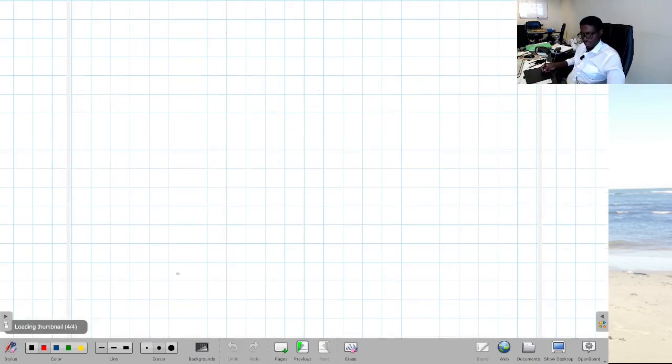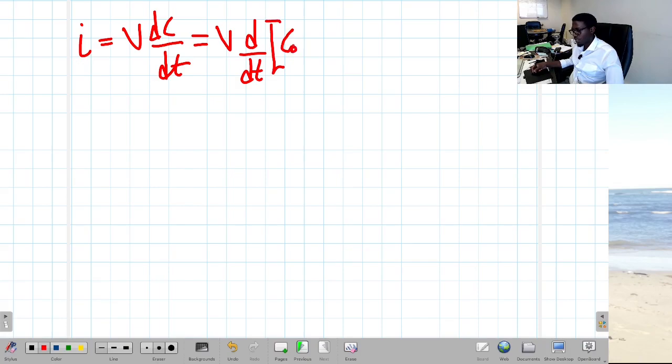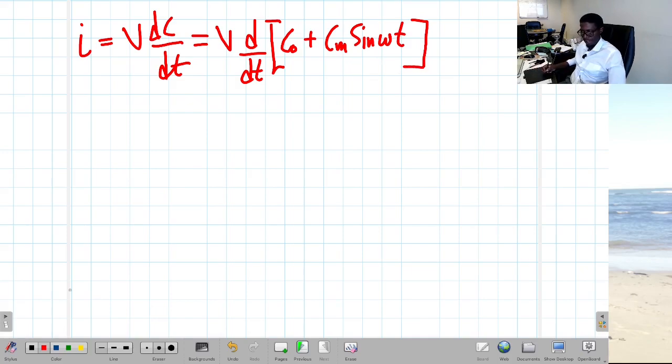Now, moving further, we are able to determine that the current I is equal to V dC/dt, which is equal to V d/dt of the capacitance, so we have C0 plus Cm sin ωt.